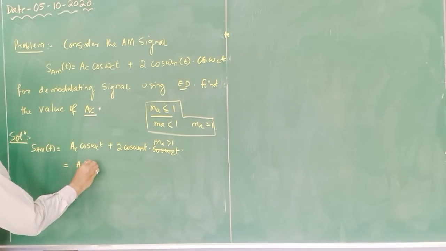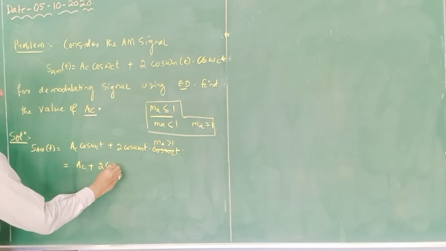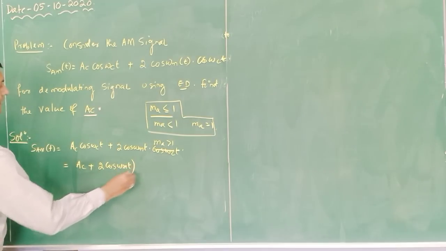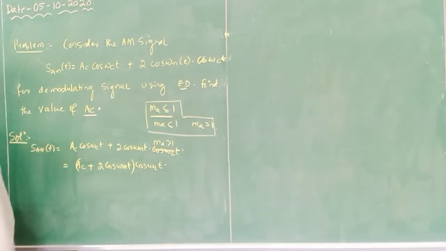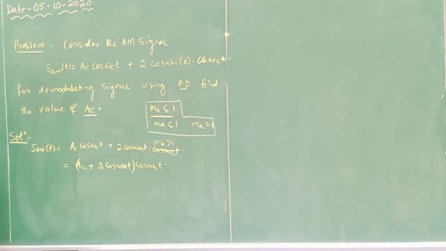I can write (A_C plus 2 cos omega_m t) whole into cos omega_c t. So this is the AM modulated signal.